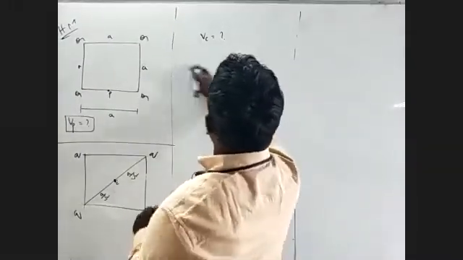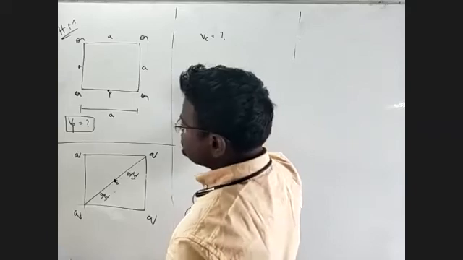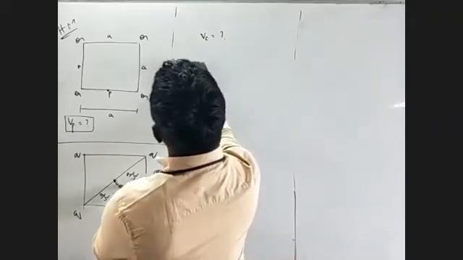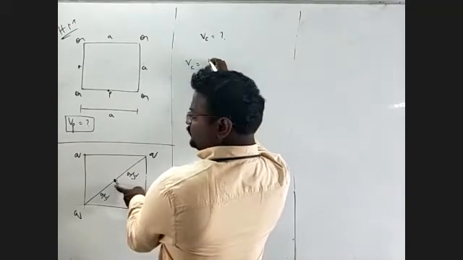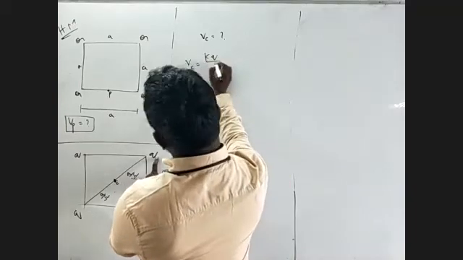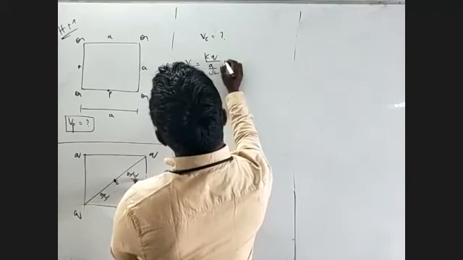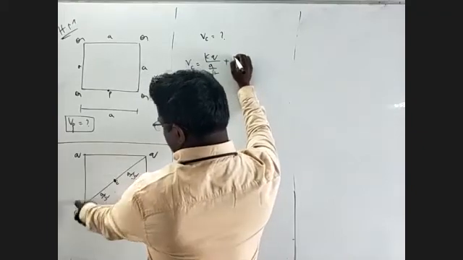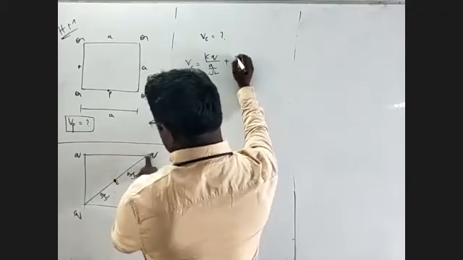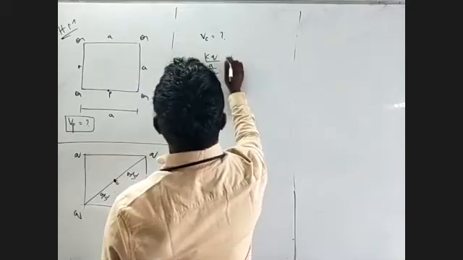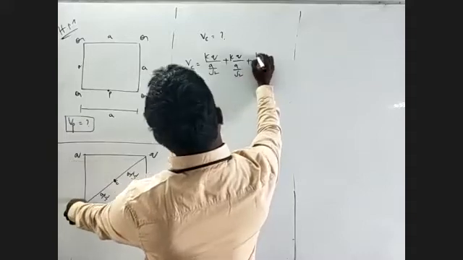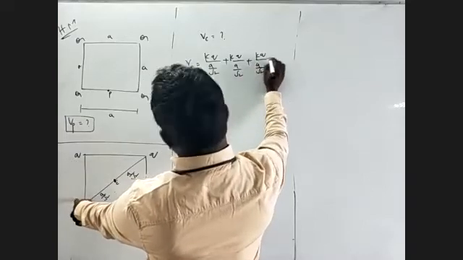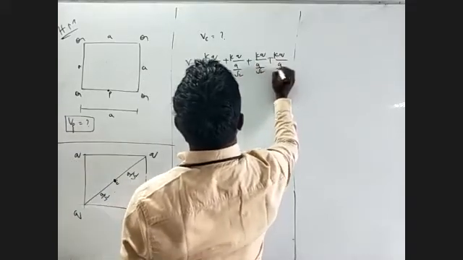Relative potential at the center point. At this point, we have to calculate the relative potential due to each charge, K Q by the distance between the point and the charge. For this charge, K Q by A by root 2; for this charge, K Q by A by root 2; for this charge, K Q by A by root 2.